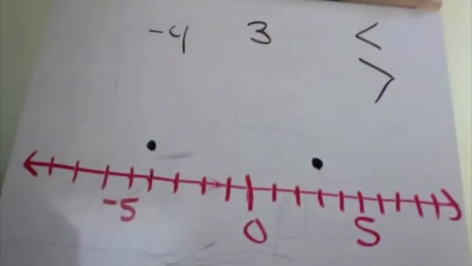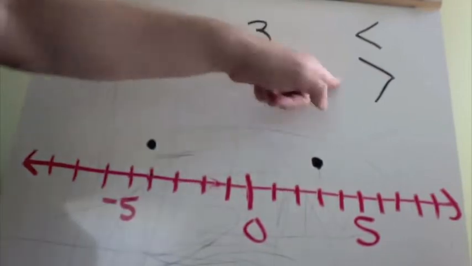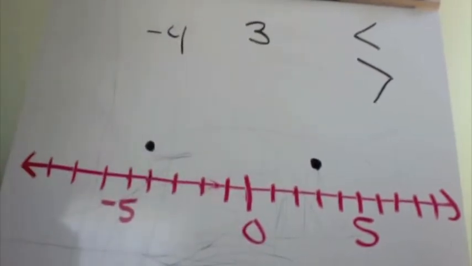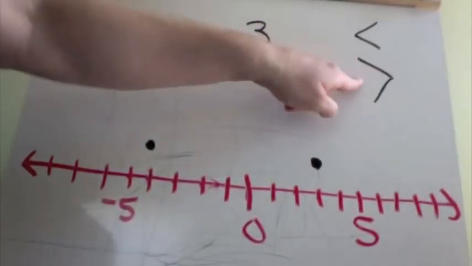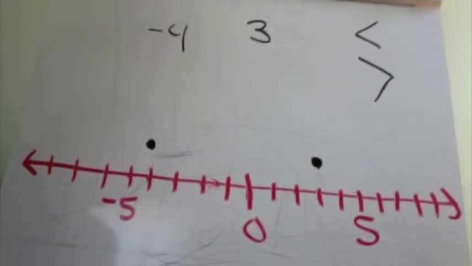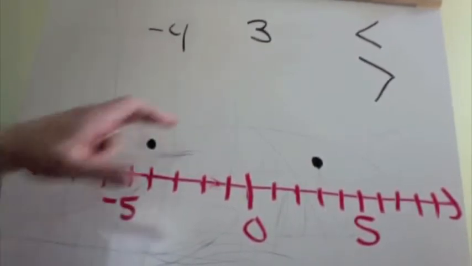Now, depending on which one of these we use is going to depend on which number is larger. I always look at these as if they're big alligators, okay? And the alligator always wants to eat the bigger number, and it's going to point at the smaller number, okay? So it's going to say, you eat the small piece of chocolate, I'm eating the big piece of chocolate, okay?